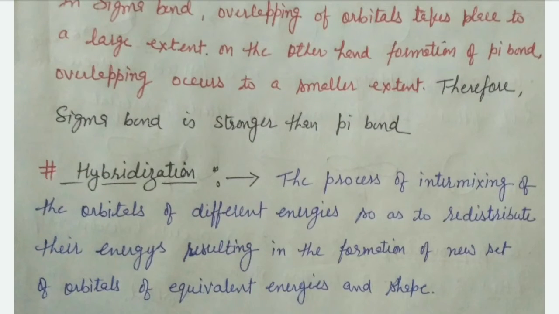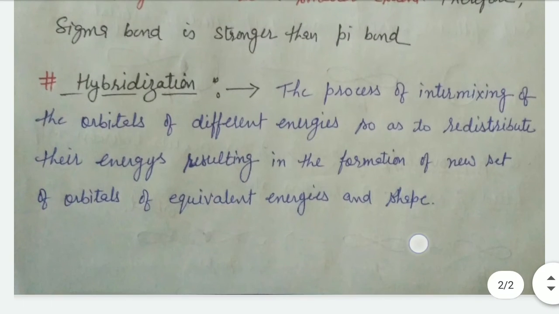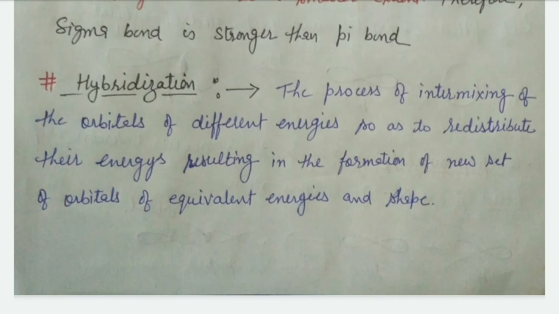After studying sigma and pi bonds, we are going to discuss hybridization. What is hybridization? Hybridization is the process of intermixing of orbitals of different energies so as to redistribute their energy, resulting in the formation of a new set of orbitals of equivalent energy and shape.